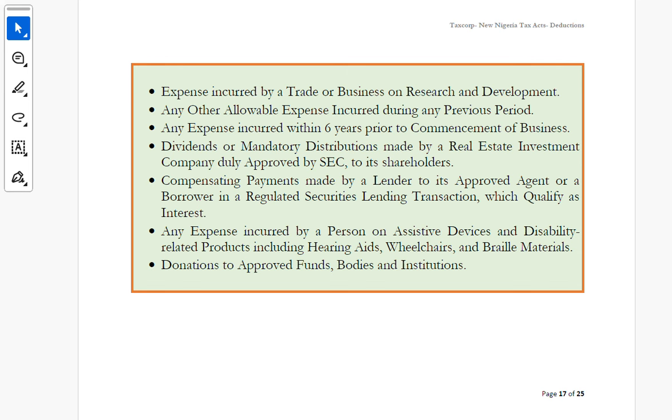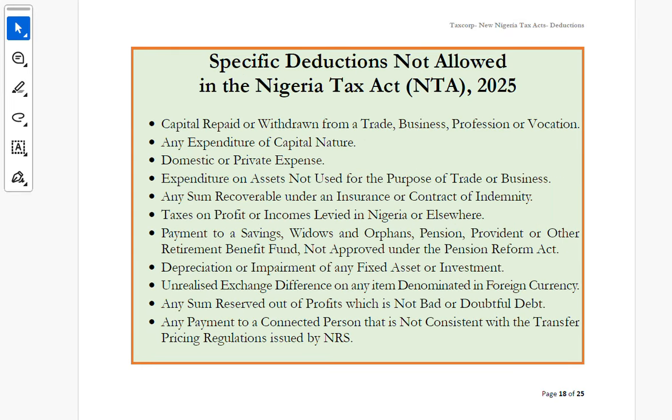Dividends or monetary distributions made by a real estate investment company duly approved by SEC. Compensating payments made by a lender to its approved agent. Any expense incurred by a person on assistive devices and disability related products, including hearing aids, wheelchair, donations to approved funds, bodies, and institutions.